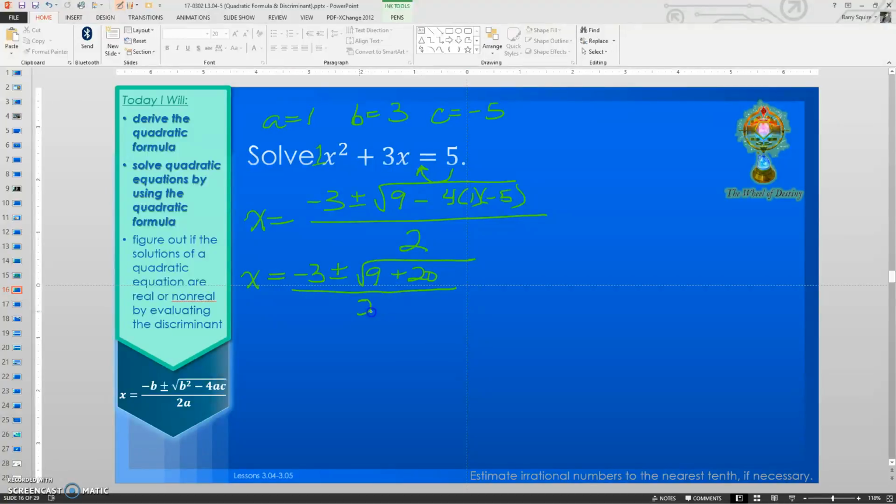All over 2. Okay. x equals -3 plus or minus the square root of 29 over 2. Guess what, guys? That's the answer. 29 is a prime number. There's no possible way we can find a square root of it. We have an irrational solution. Actually, we have two irrational solutions.